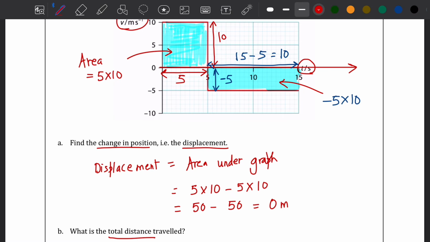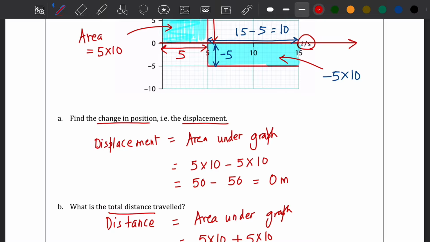That's the only difference between displacement and distance calculation from the graph. So distance is also area under the graph. We'll write the same thing, but we have to do 5 times 10 plus 5 times 10, so no negative. That is going to give us 50 plus 50, which is equal to 100, and the unit is meters.